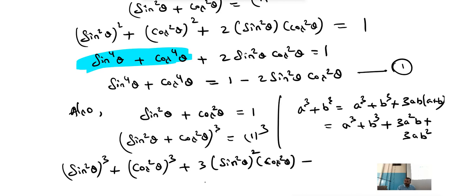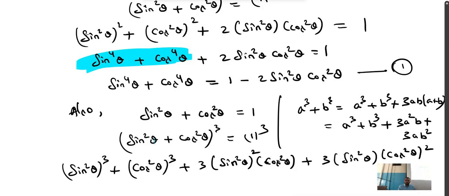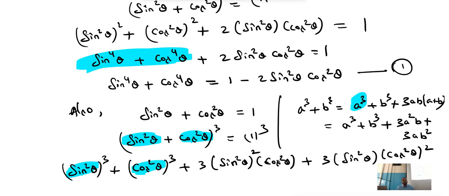So a cube is sin square theta whole cube, b cube is cos square theta whole cube, plus 3 into a square b, plus 3 into ab square, where a is sin square theta.